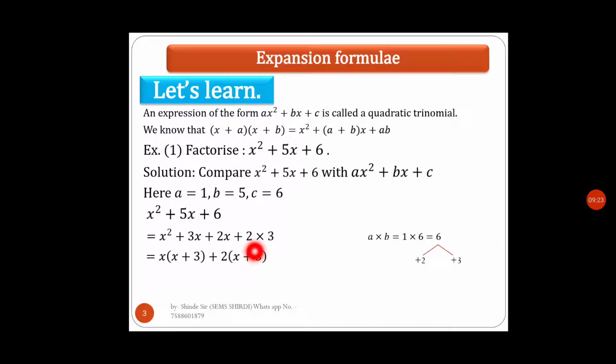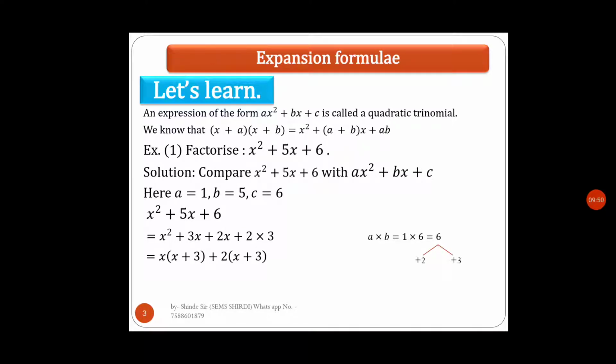If the brackets are different, then there is some mistake in a previous step. We require the brackets to be equal. Now we get x into x plus 3 plus 2 into x plus 3.